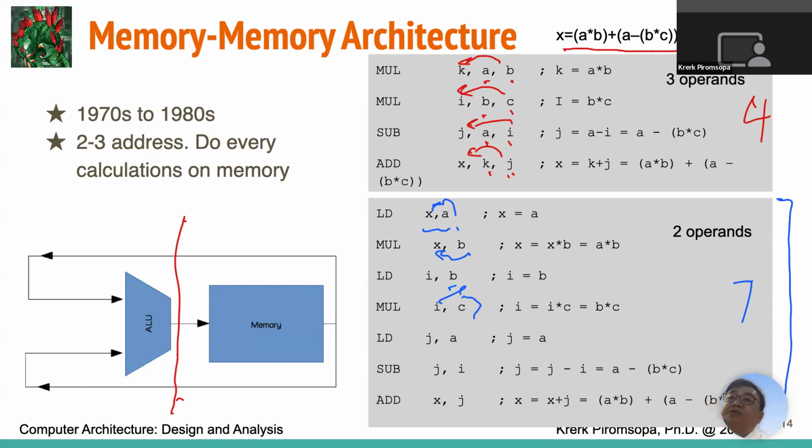Right? We go from what? 11 instructions to 4 or 7. So if you only care about the number of instructions, we will say, oh, the memory machine is good. But is it good? Is it really that good?